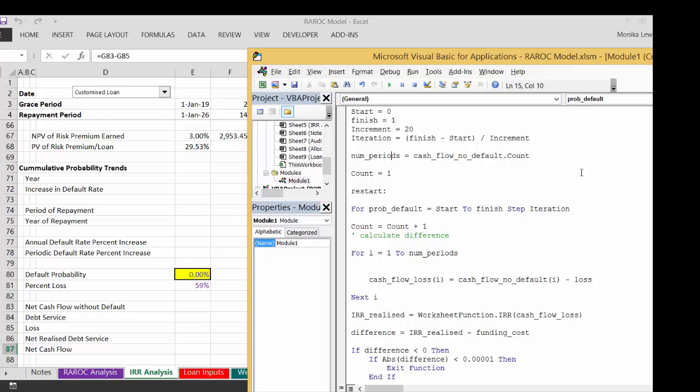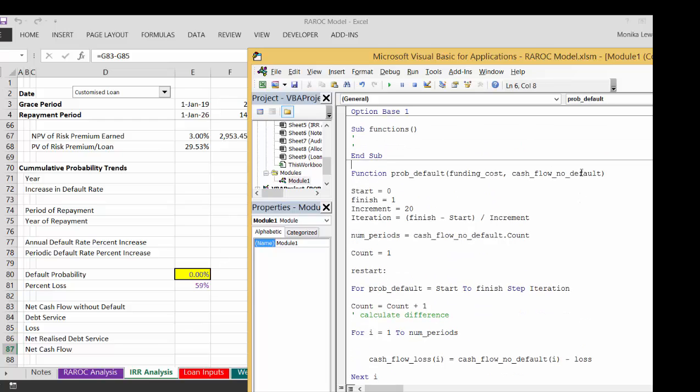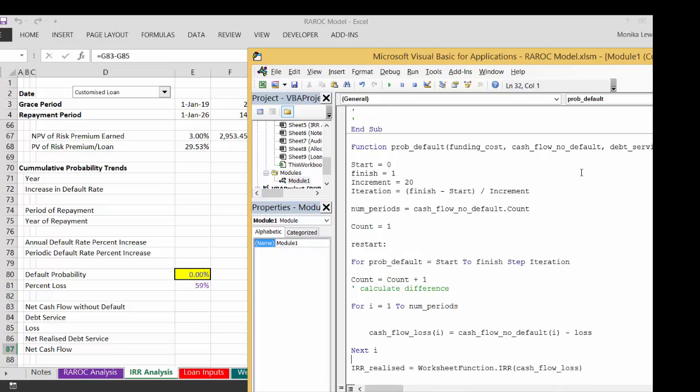So the first thing we better do is read in the debt service, just like the other one, and our loss is going to be the debt service times 1 minus the loss percent.